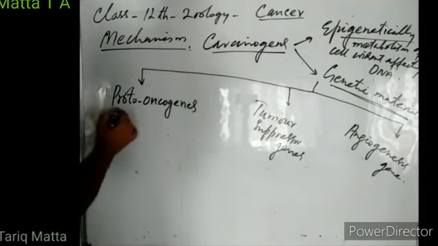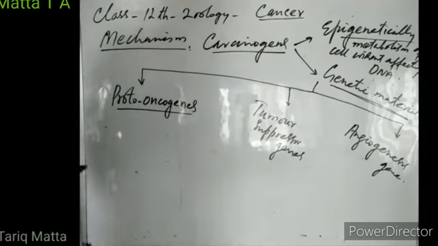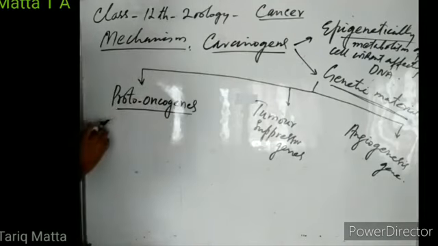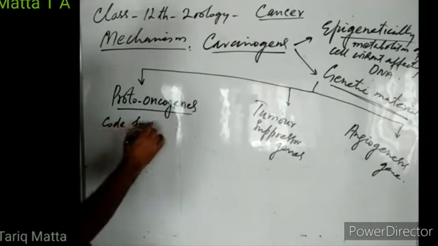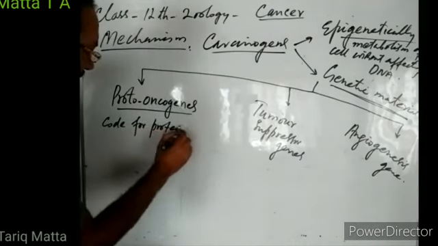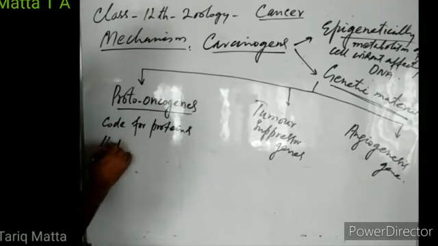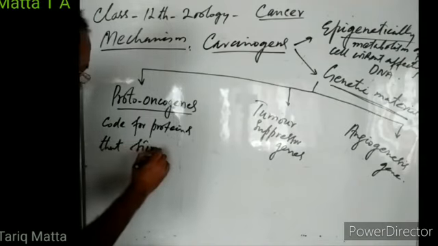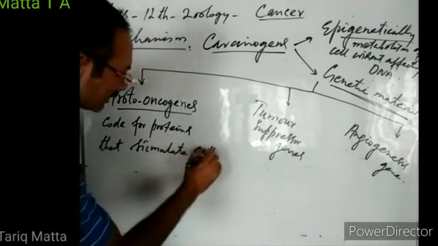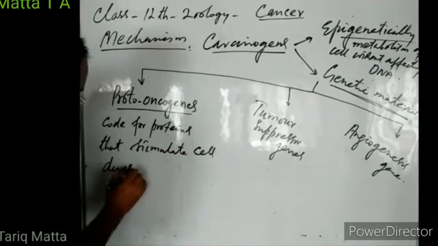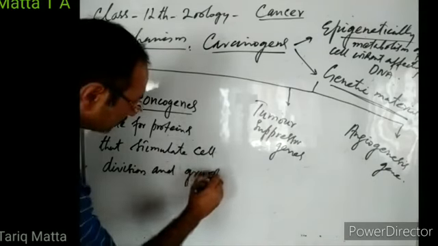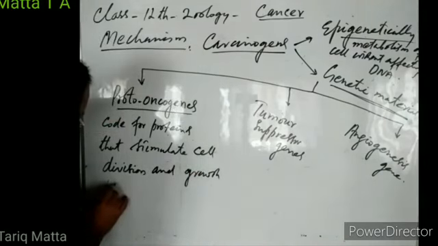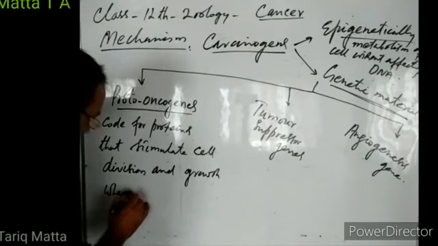So what is the function of protooncogenes? They are the normal genes which are present in everyone's body, in everyone's cells. These protooncogenes code for proteins that stimulate cell division and growth wherever necessary.